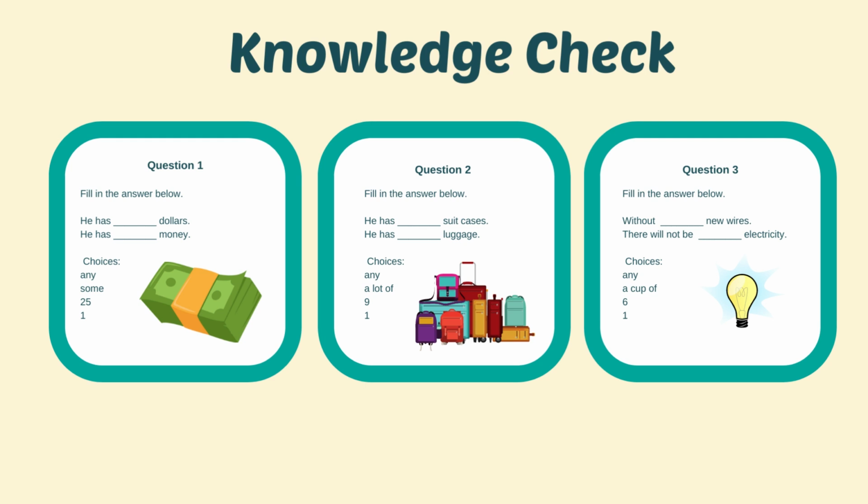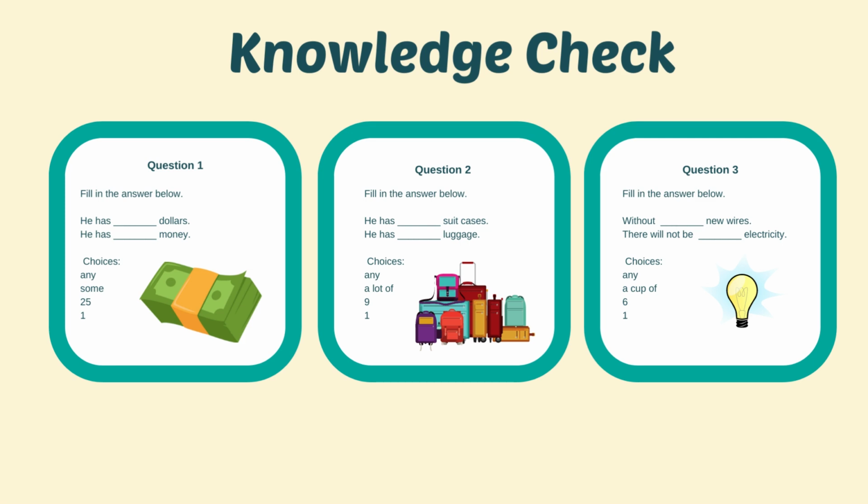Let's do a knowledge check. Fill in the answer below. He has blank dollars. He has blank money. Choices: any, some, 25, or 1. Fill in the answer below. He has blank suitcases. He has blank luggage.